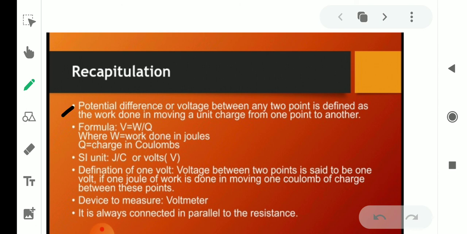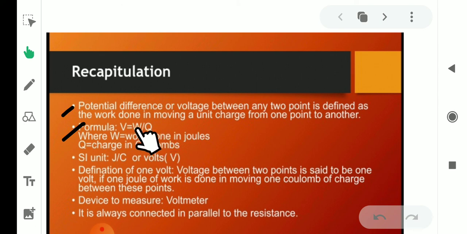Next, we had studied about the formula to calculate voltage in an electric circuit. The potential difference applied in an electric circuit can be calculated by using the formula V is equal to W divided by Q, where W is the work done and Q is the charge in the conductor.